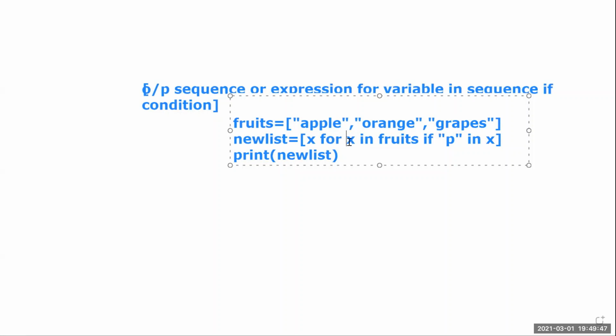This iterator will iterate throughout the sequence. If the character P is in iterator X, just place that value in the output sequence, and that will be assigned to this new list. That is how list comprehension works.